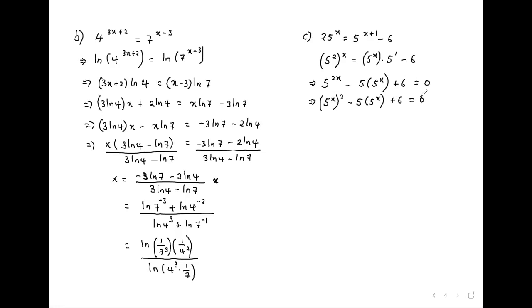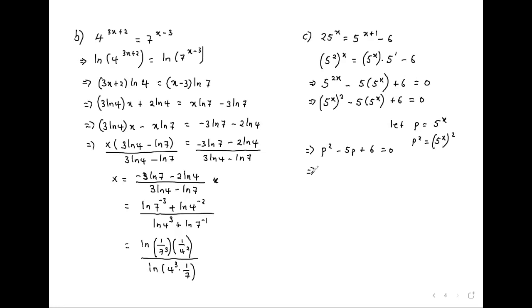Then what next? The next thing is we'll say, okay, if we let p be 5 to the power x, then p squared is going to be 5 to the power x squared. And we have it here. So where there's 5 to the power x squared, we have p squared minus 5p plus 6 is equal to 0.